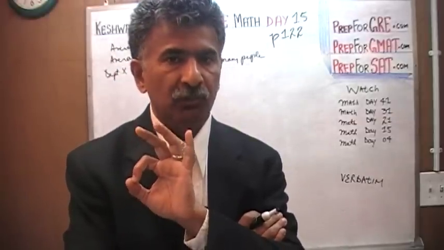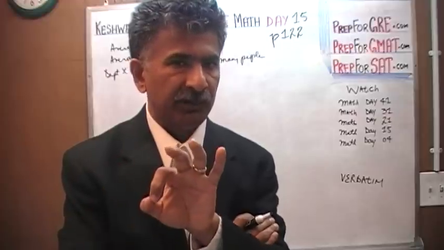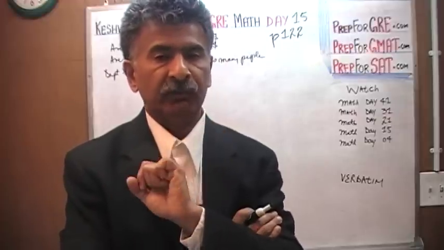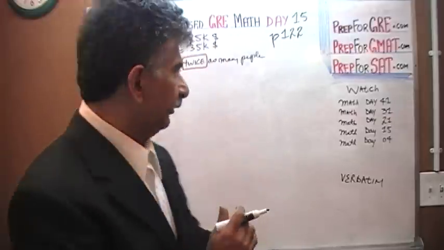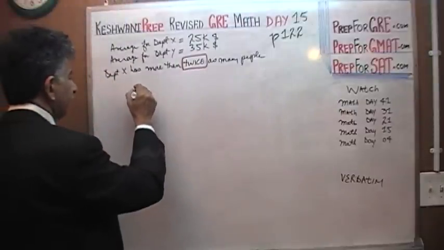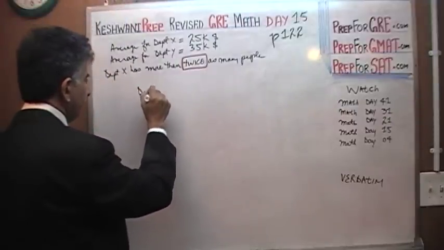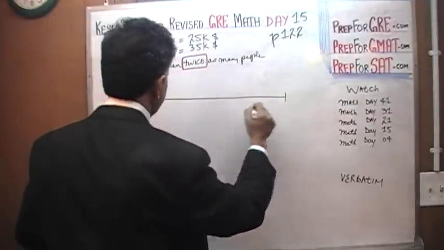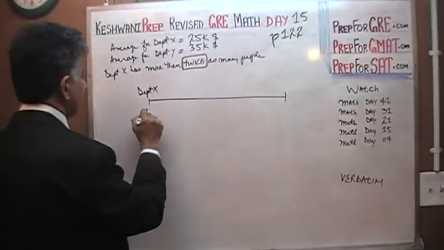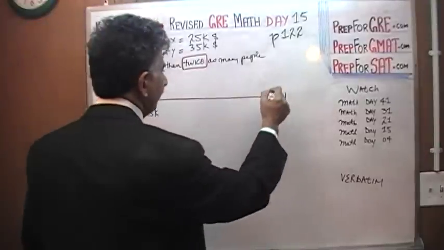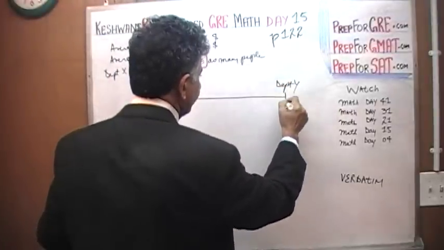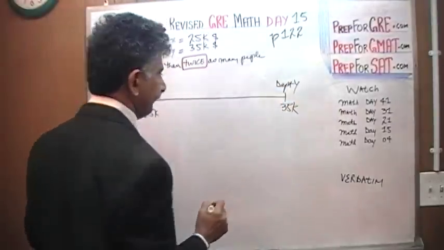That alone gives us some information about the average. We know that the average of Department X is 25K. The average of Department Y is 35K.